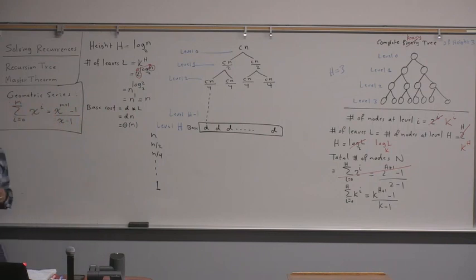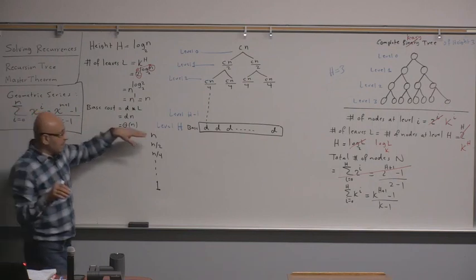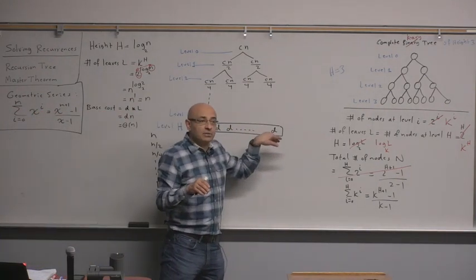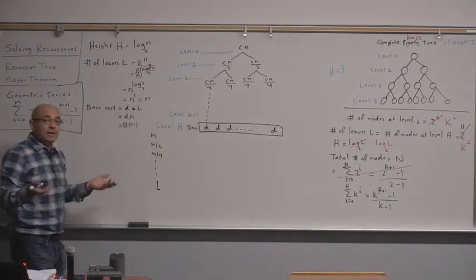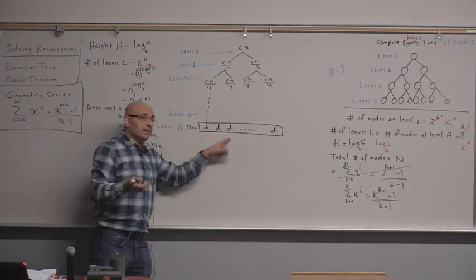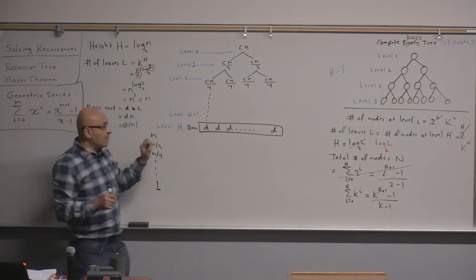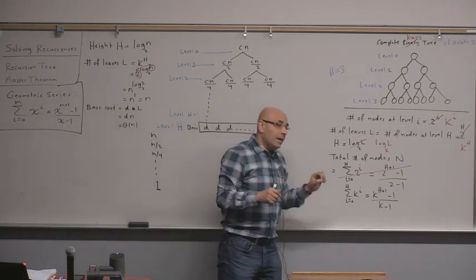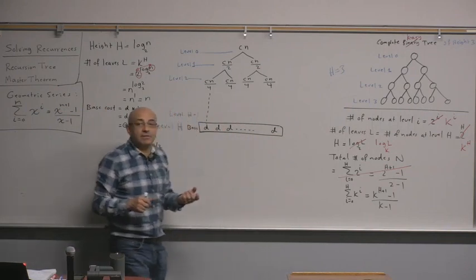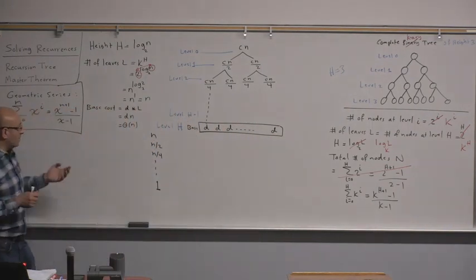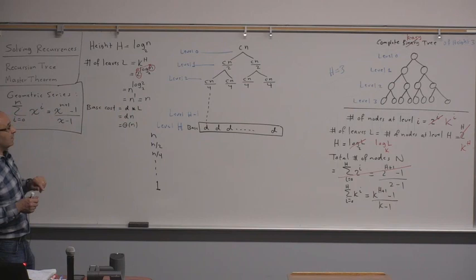Again, this is not a surprise. All it means is that the number of operations at the base level in merge sort is theta n. Why? Because there are n leaves in the tree, n base cases or n subarrays of size 1, and the cost for processing each one of them is a constant. So this is the base cost.